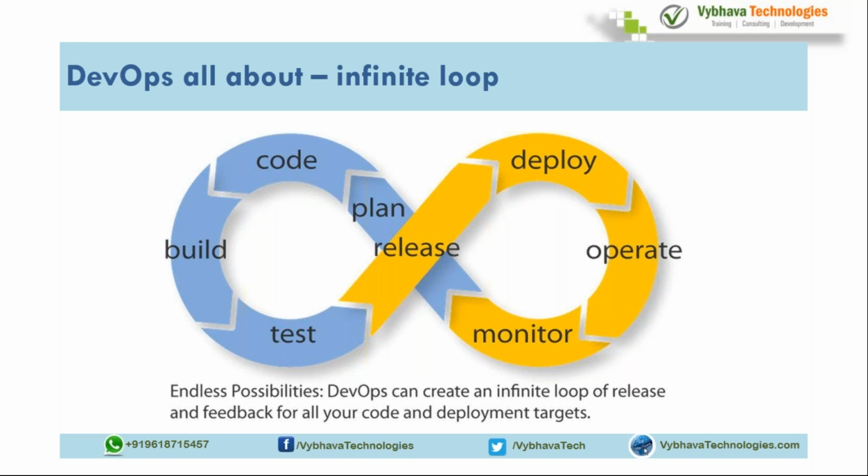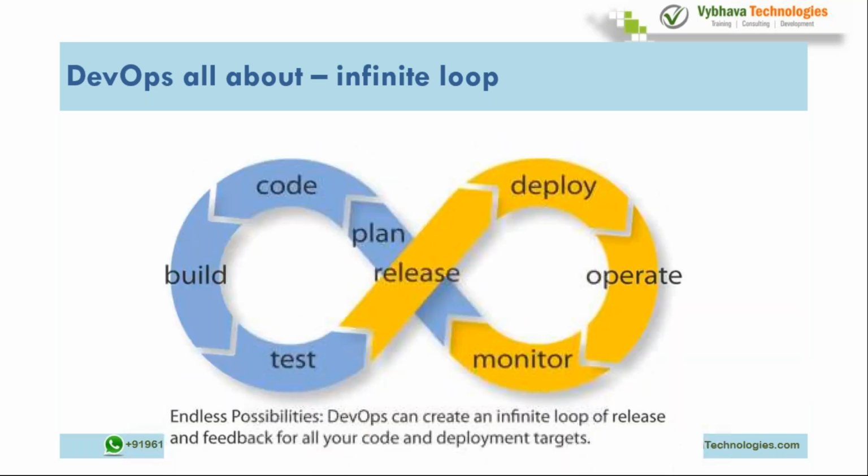You can create an infinity loop in your development life cycle. This is a complete system where you always have feedback at every level. All your code deployment targets will have feedback, and based on the feedback, it is going to work better and better every time. So that is about the DevOps infinity loop.